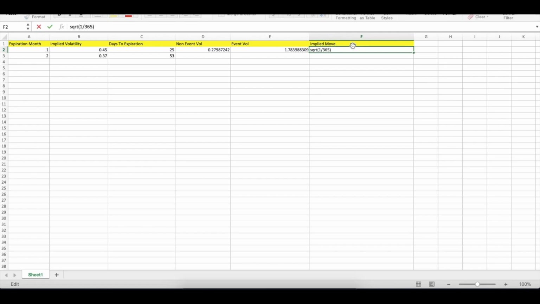So we're doing square root of 1 divided by 365 because we're doing 1 day. We want to know what the implied move is going to be for 1 day, times the event volatility, times square root of 2 divided by pi.